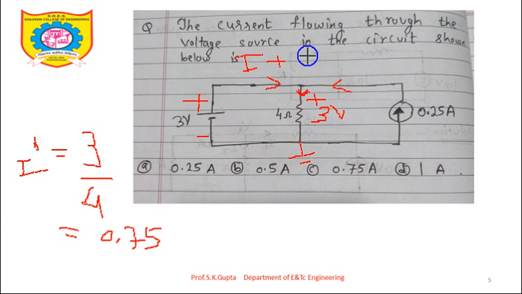So incoming current I plus 0.25 equals the outgoing current, 0.75, which is going in this 4 ohm resistor. Incoming current equals outgoing current. So I value is 0.5. The correct answer for this question is 0.5, because we have to determine the current flowing through the voltage source. So the current flowing through the voltage source is 0.5 ampere.